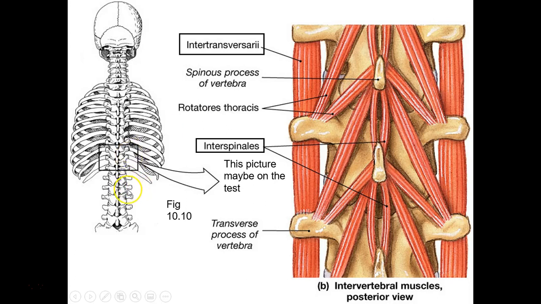I think on our torso model, you can see some intertransversarii on 2 or 3 of these spaces right here. But we're not in the lab. This is all going to be pictures, basically. I'll see if I got a picture of the torso model where I can show you. Intertransversarii, interspinalis. And so obviously if I activate these interspinalis, it's going to help you stand up straight. Same thing here if you activate both sides, but if you just do one, it's going to do some of that lateral flexion if you just do one side. Okay.